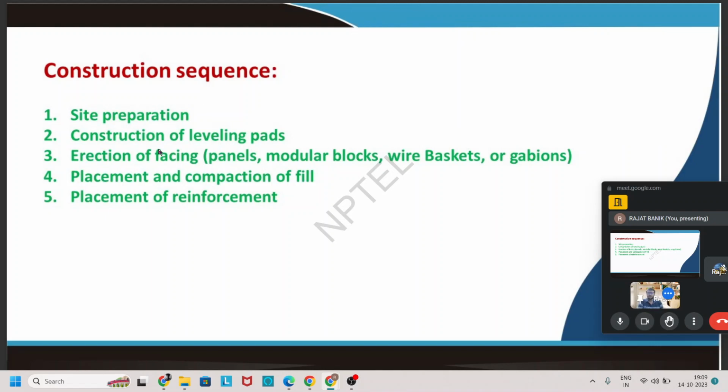First we need to do the site preparation, then construction of the leveling pads, then erection of the facing, that is panels, modular blocks, wire baskets, or cables.